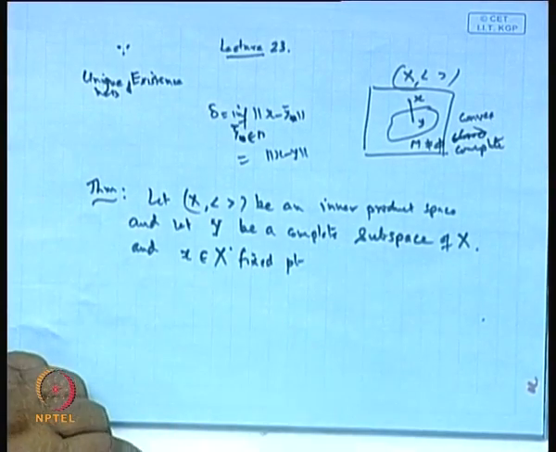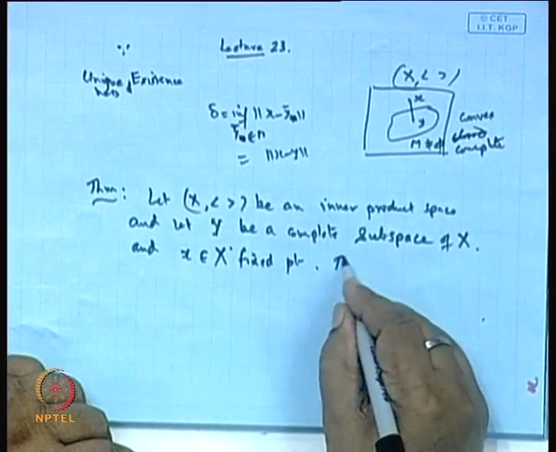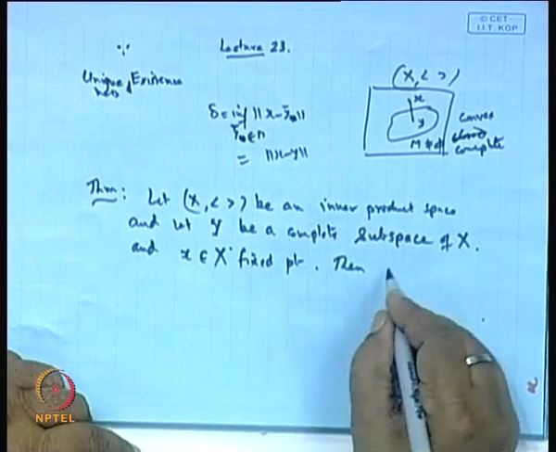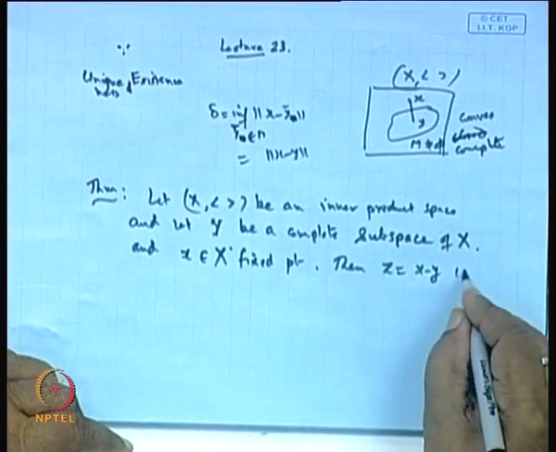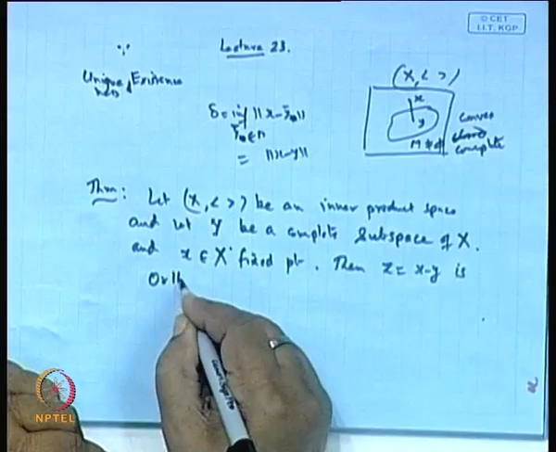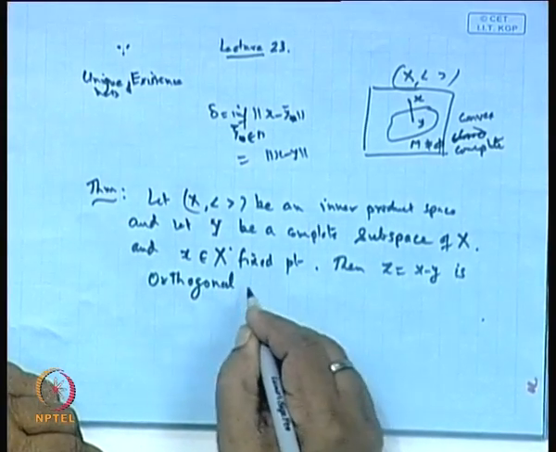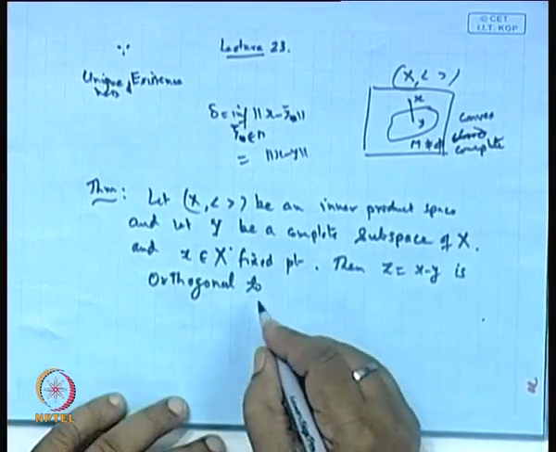Then what this result says is that the vector Z, which is x minus y, is orthogonal to Y.